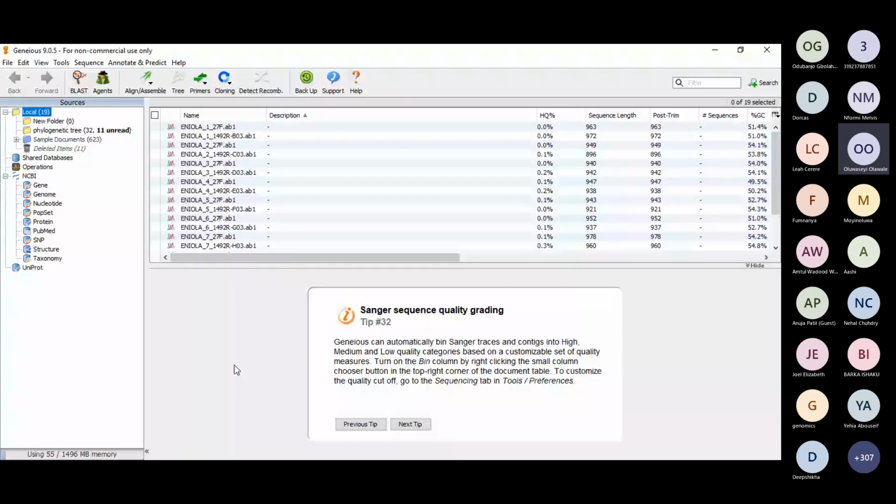Now, this is Genius software. What you can see on your screen right now is Genius 9.0.5 for non-commercial use only. This particular software has a lot of plugins that serve like pipeline tools.